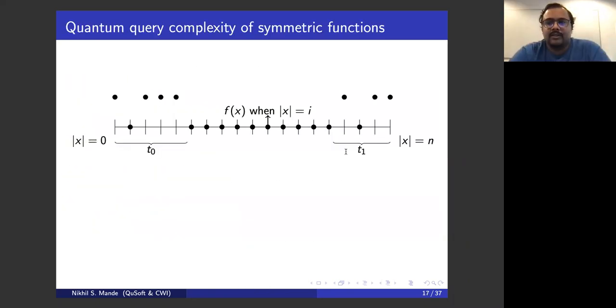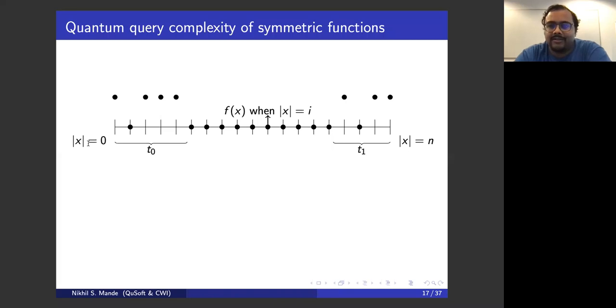All right. So first thing, we need to know what is the optimal query complexity of symmetric functions. Like I said, symmetric functions are those that only depend on the Hamming weight of the input. So this is a representation of a symmetric function, where these vertical lines represent Hamming weights of the input.